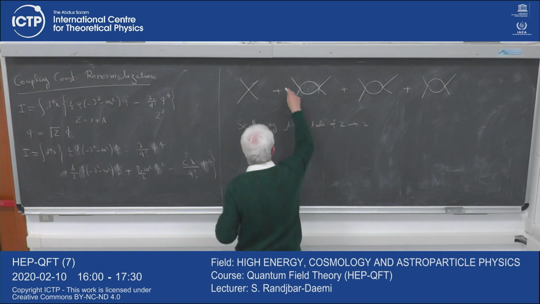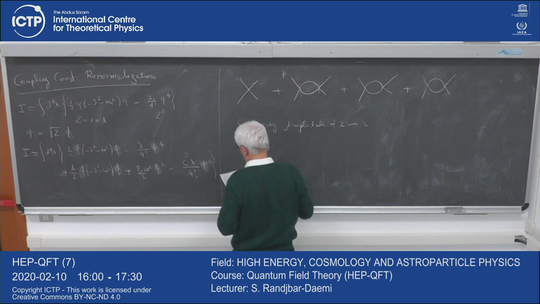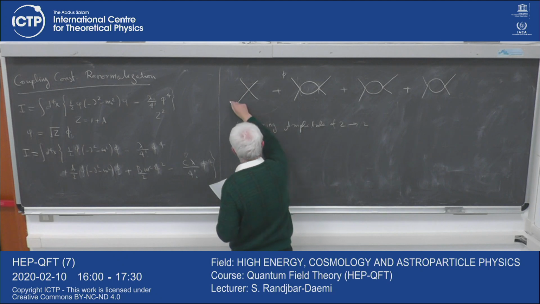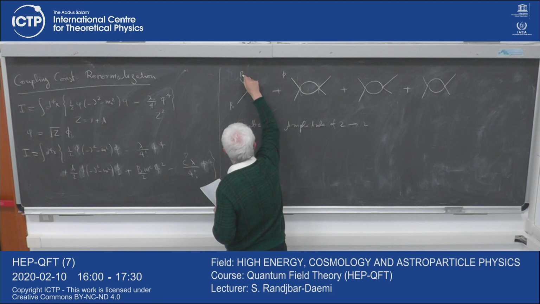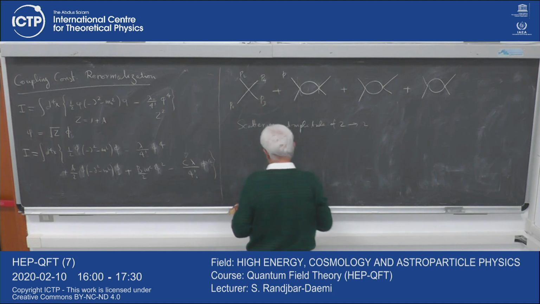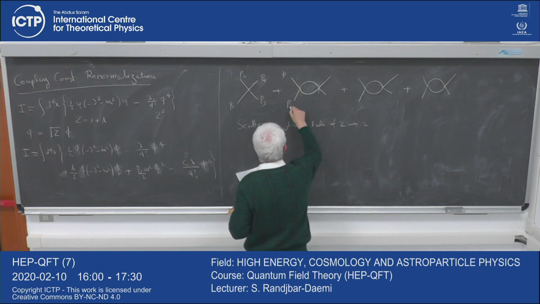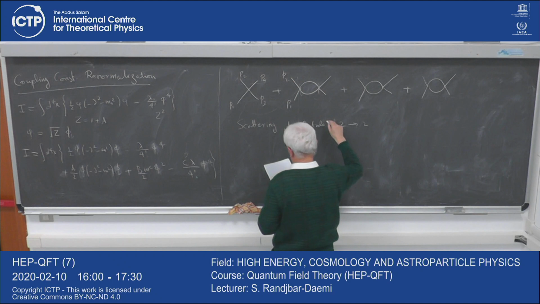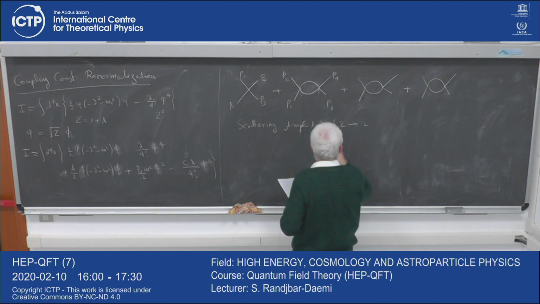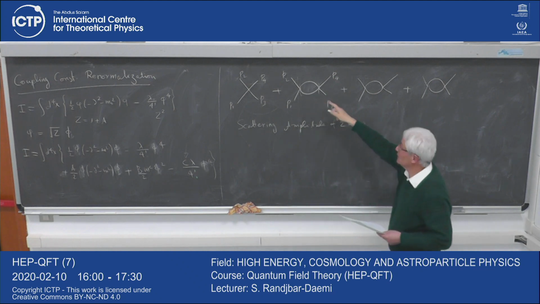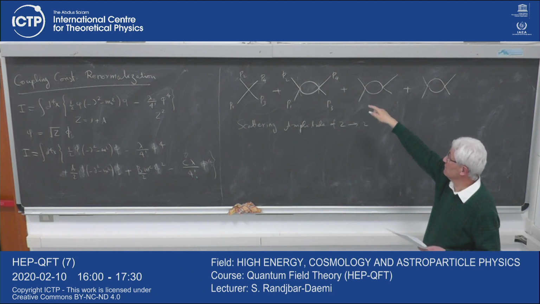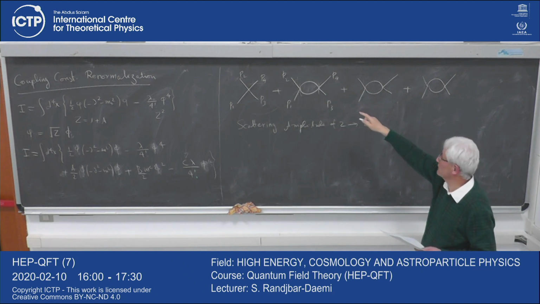So this one I will label like this: P1, P2, P3, P4. This one will be P1, P2, P3, P4. These ones are obtained from here by cyclic permutations of 1, 2, 3, 4, for instance.